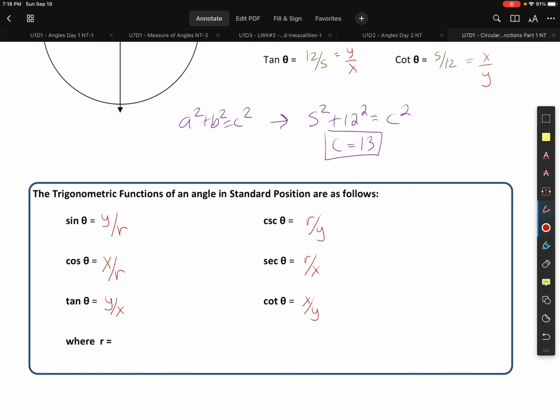And where does your radius come from? All right, so you got x squared plus y squared equals r squared. So the radius equals the square root of x squared plus y squared. And that's how we will find it every single time.